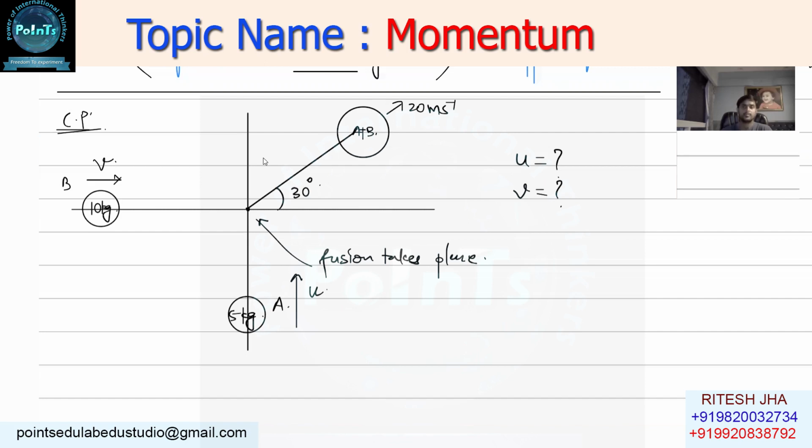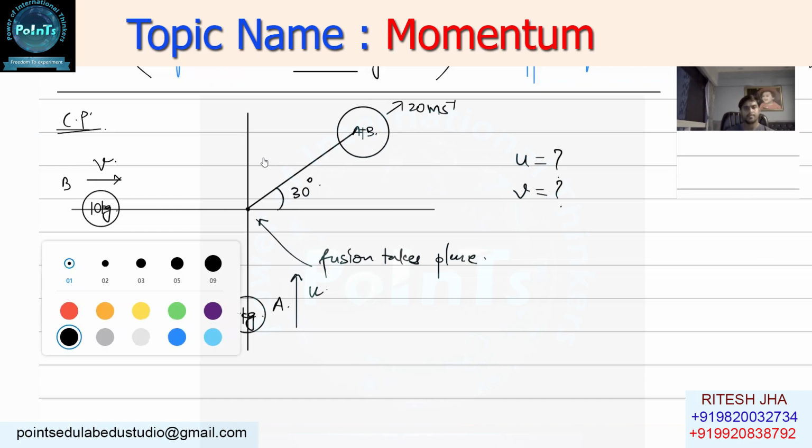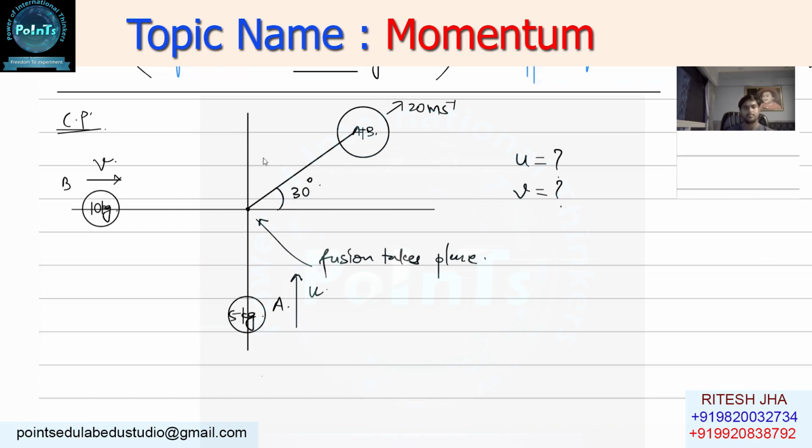Well, not just 20 sine 30, it's 20 times 15 sine 30, because again, this is momentum. 20 times 15 is 300. So 300 sine 30 is equal to 5U, sine 30 being equal to 1/2. So 5U is equal to 150, and therefore U is equal to 30 meters per second.